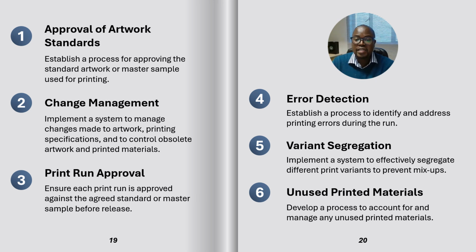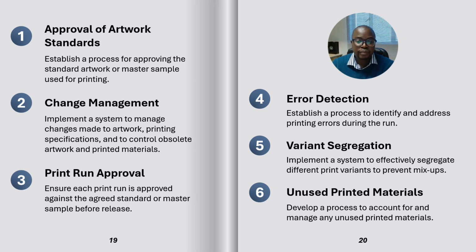So there must be a system where the operators or whoever is responsible for picking the raw materials, either the pellets or whatever you call them, know exactly what is supposed to be used for that run, to prevent a situation where you have a completely different variant to what you were expecting as an organization.